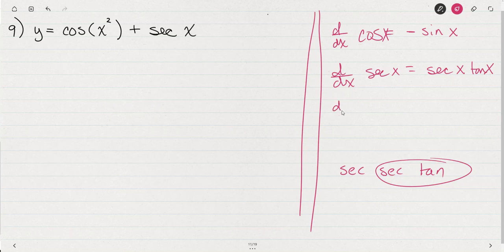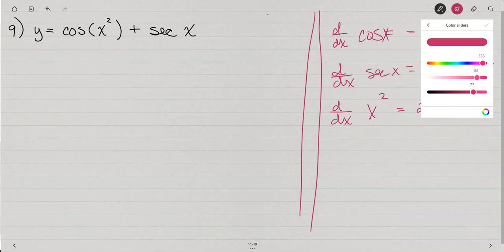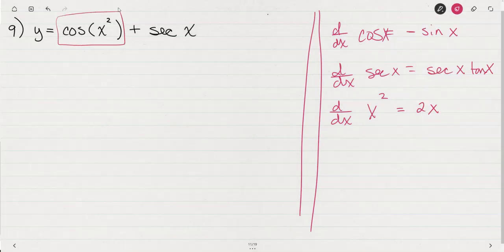I also am going to need to recognize that the derivative of x squared is 2x. So let's apply this over here. When we do this derivative of cosine x squared, we're going to start with the derivative of cosine, which is the opposite of sine.